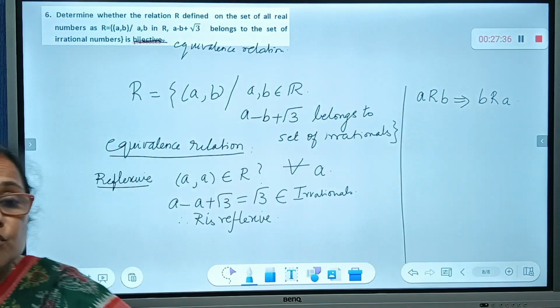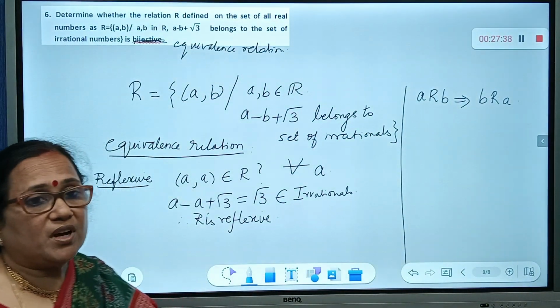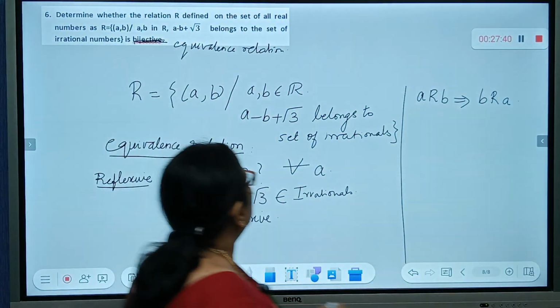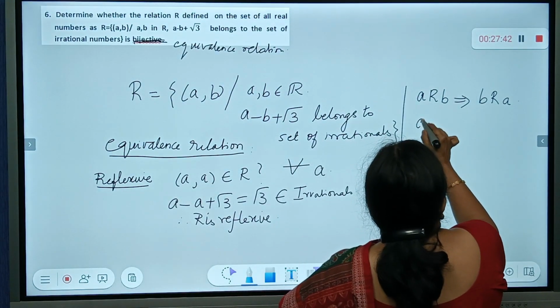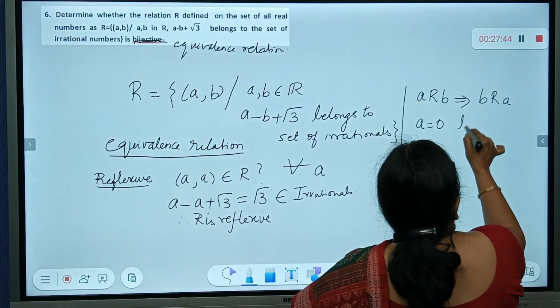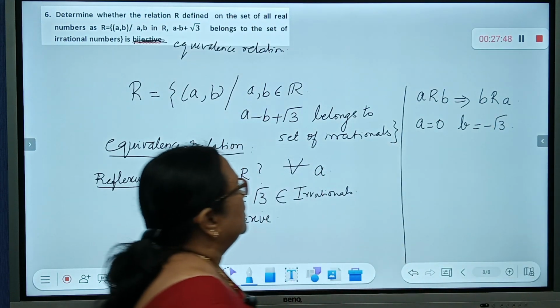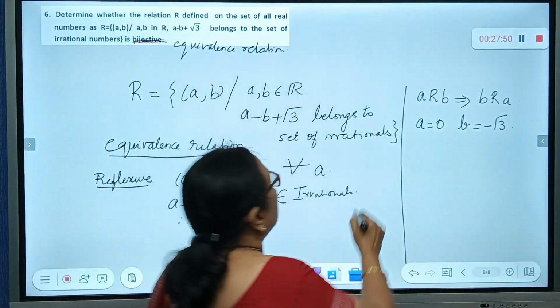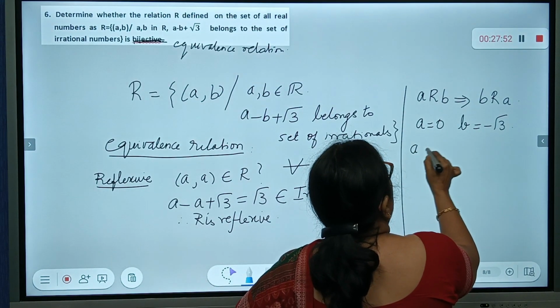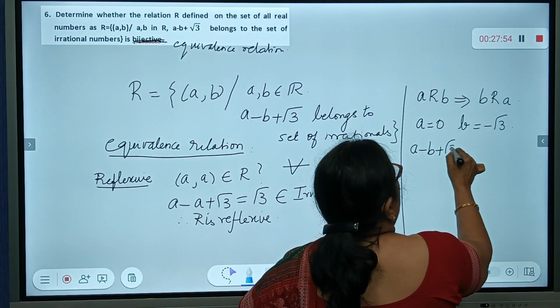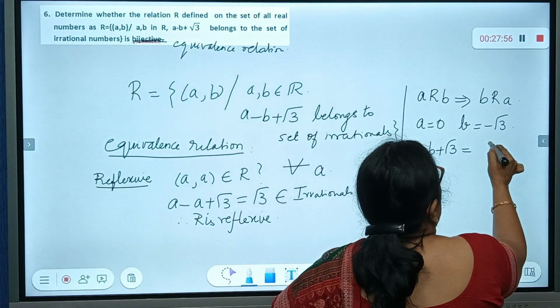To disprove something, I always told you I have to give a counter example. So, I am going to make a choice. Let a be 0 and b, I am just going to try, say, minus root 3. Now, what will be a minus b plus root 3? It will be 0.